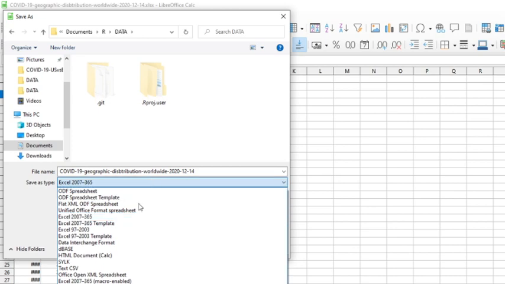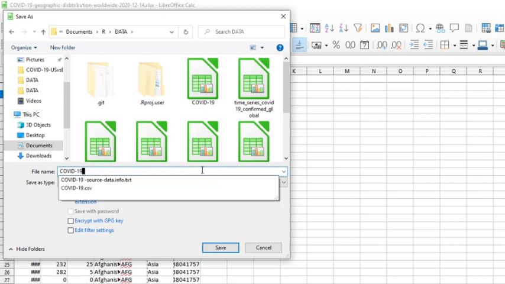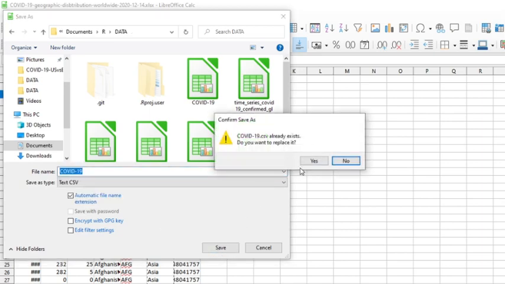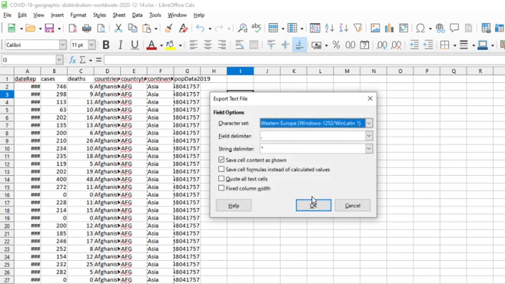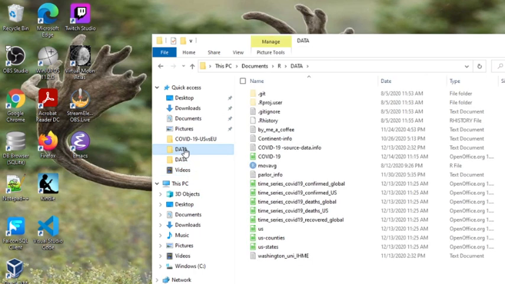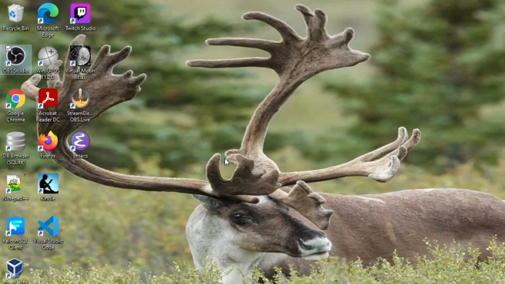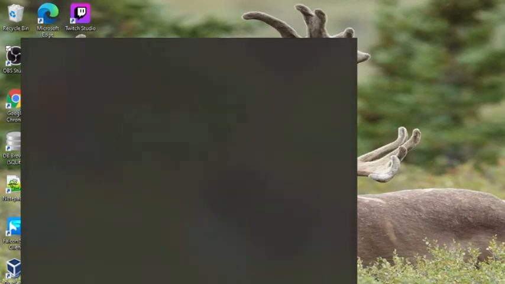So, CSV file. Let's just overwrite this. Let's clean out our data directory here, first of all. Okay.